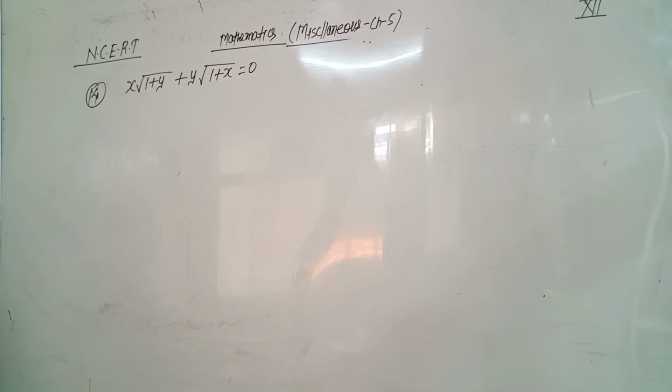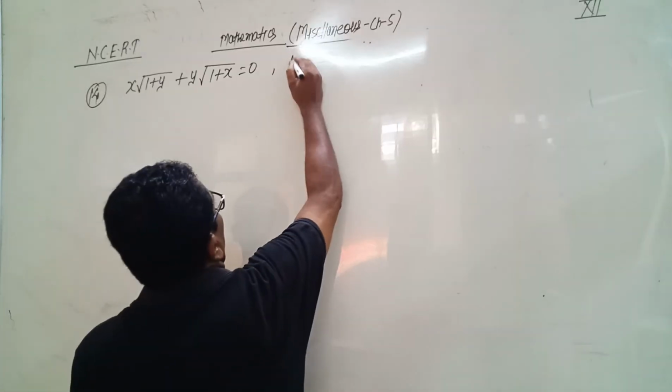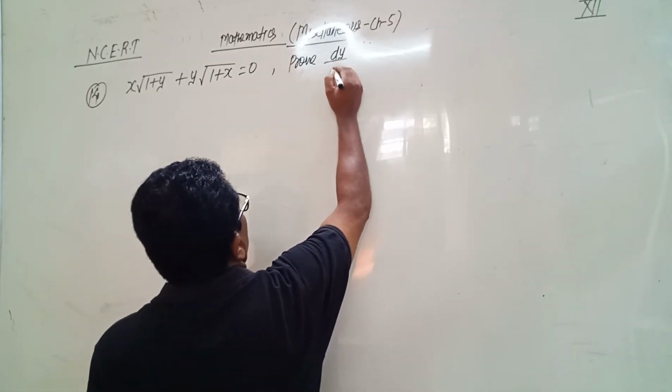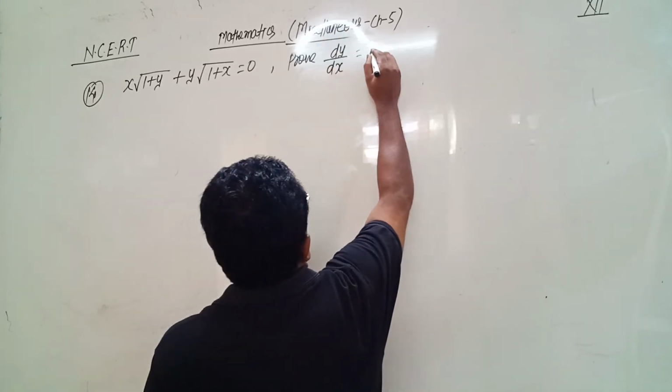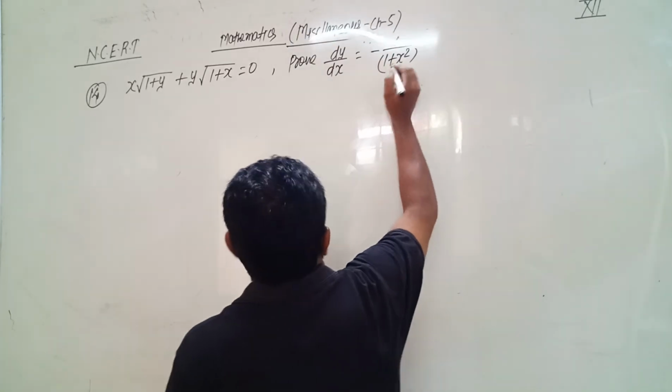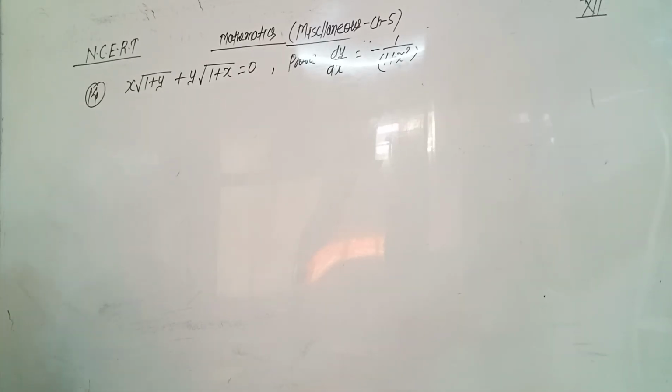Then prove dy by dx equals minus 1 by (1 plus x) square. We have to prove dy by dx equals minus 1 by (1 plus x) square.